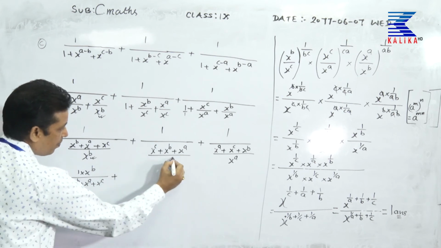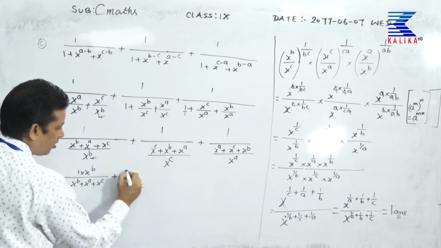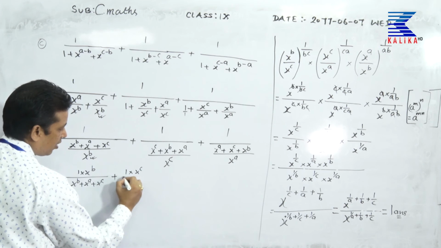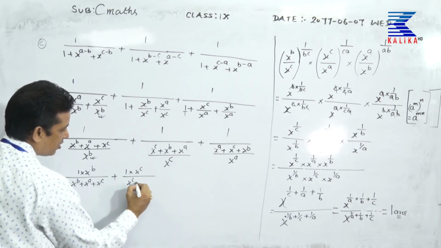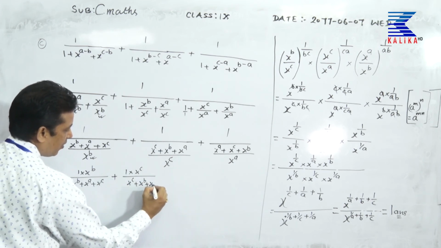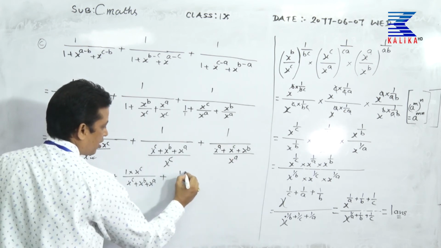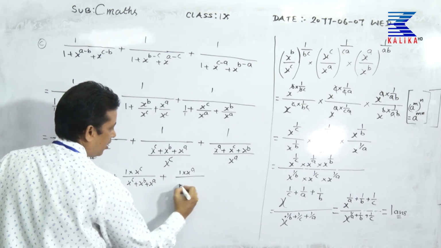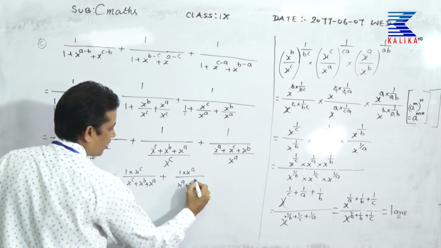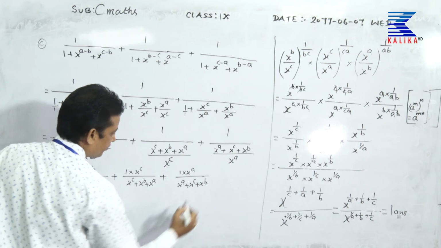Then x to the power c goes directly up to multiply 1, and then x to the power c plus x to the power b plus x to the power a, and x to the power a directly goes up to multiply 1 upon x to the power a plus x to the power c plus x to the power b.